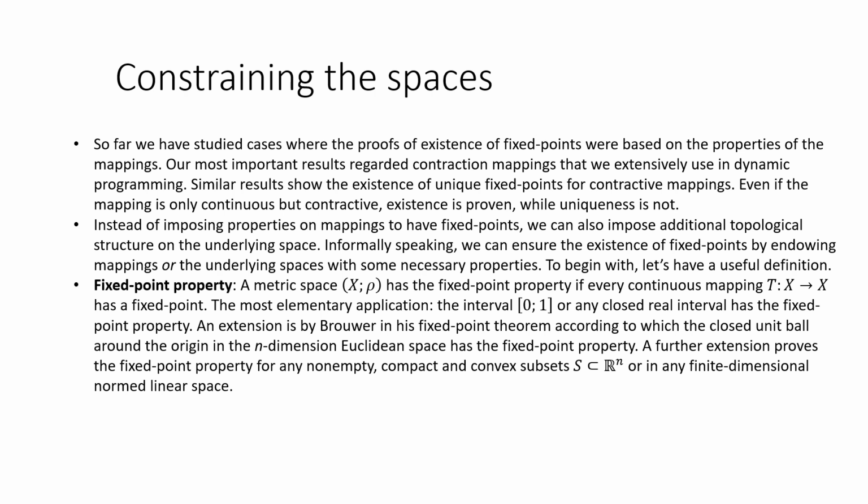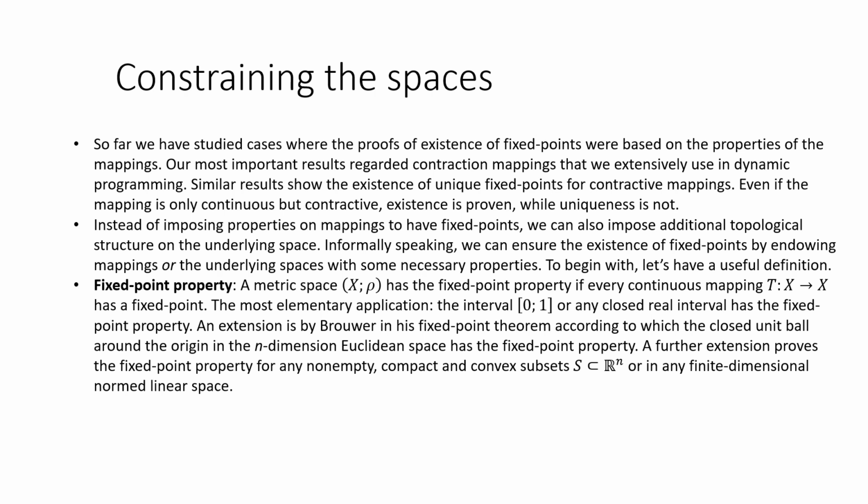So this is one line of finding fixed points. There is another option. Instead of imposing properties, restrictions, assumptions on the mappings in order that they have fixed points, we can also place restrictions on the space on which we work. So we can impose additional topological structure on the underlying space. So instead of restricting the mappings, we can restrict the space.